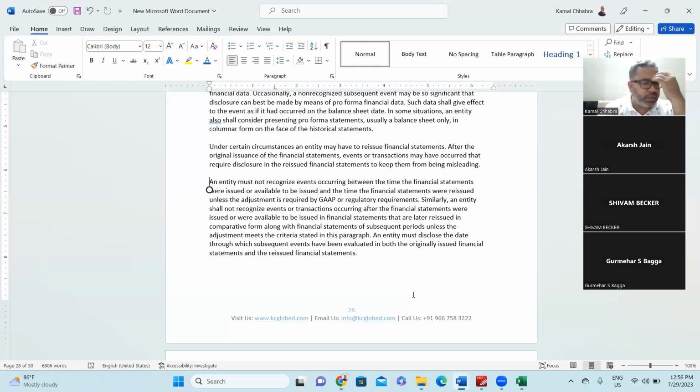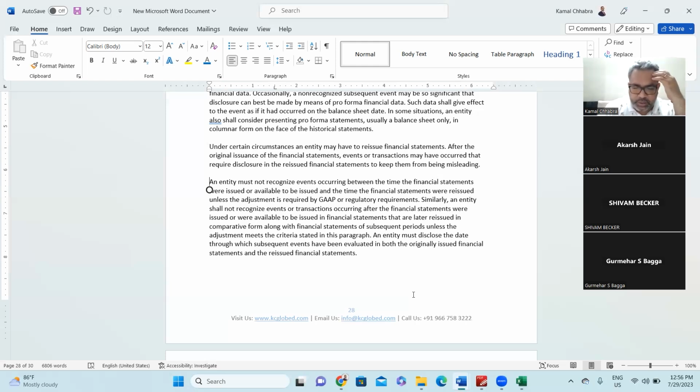In that scenario, what will you do as an auditor? The first thing is you will discuss this with the management, that we would require an update in the previous year financial statement.